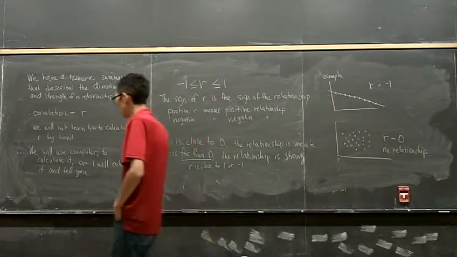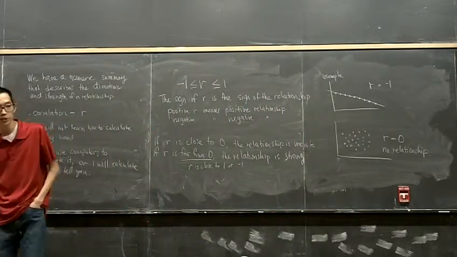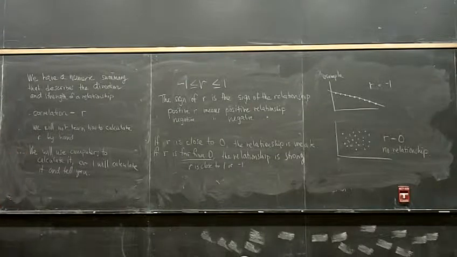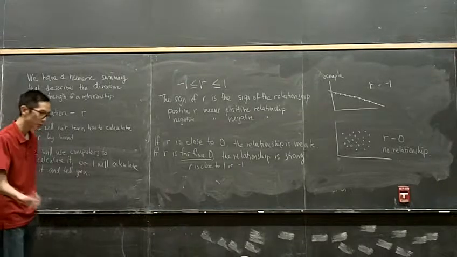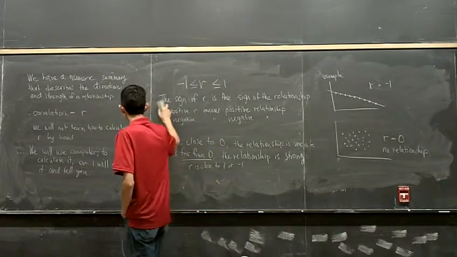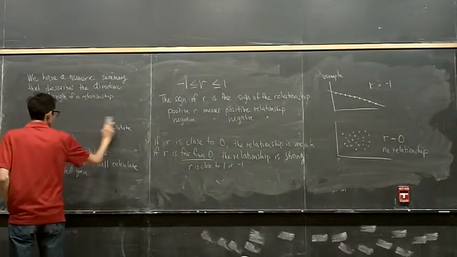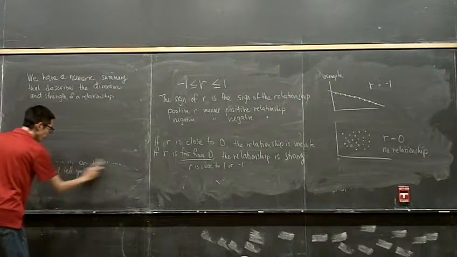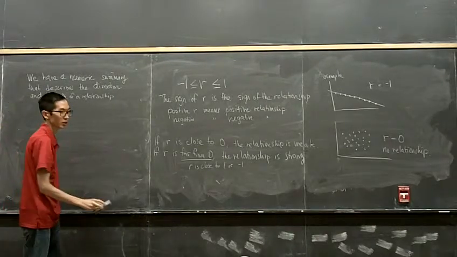Okay. So R tells us the direction and the strength. What does it not tell us? The shape, okay? It doesn't tell us the shape. So we have to keep this in mind. All right. How can we figure out the shape of a relationship?